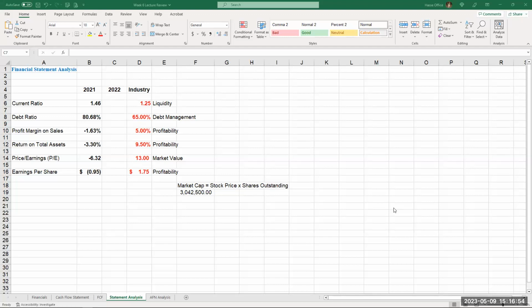The 6 key ones that I think are most important are current ratio, current assets divided by current liabilities, debt ratio, total debt divided into total assets, profit margin on sales, net income divided by sales, return on total assets, net income divided by total assets, price earnings ratio, which is the stock price divided by the earnings per share, and the earnings per share, which is the net income divided by the number of shares of stock outstanding.